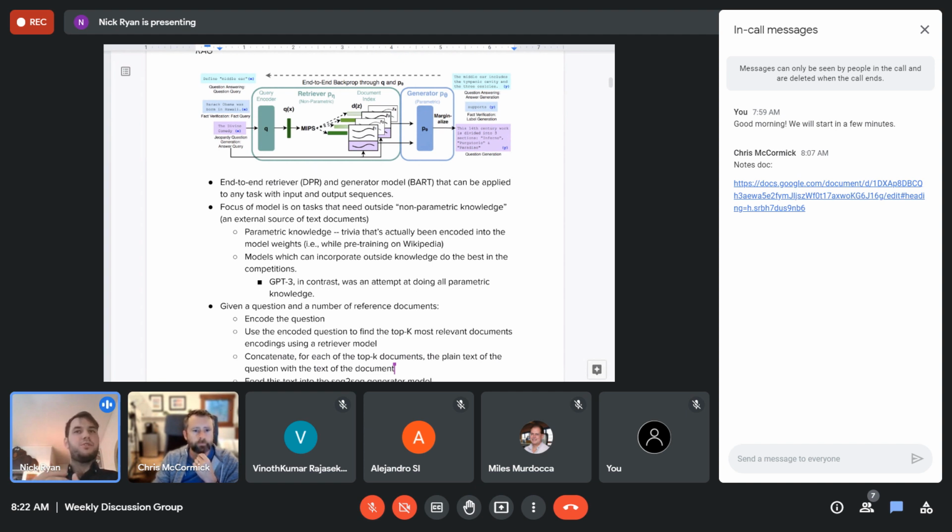The goal of the retriever is just to find the raw text documents that are most likely to contain the answer to your raw text questions. So we concatenate those, and we feed it into the generator, and the generator produces its answer from there. When it was just smushed together as DPR and BERT, this system might not produce very good answers.